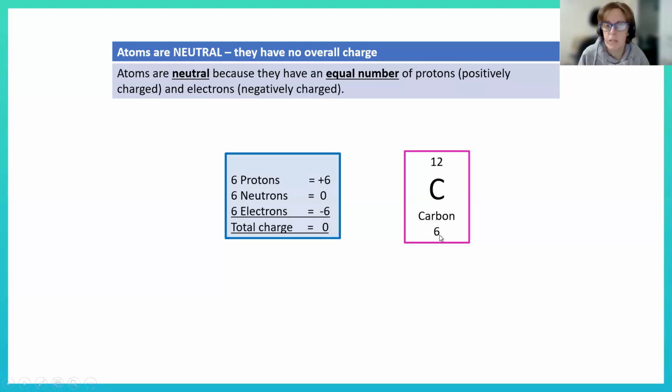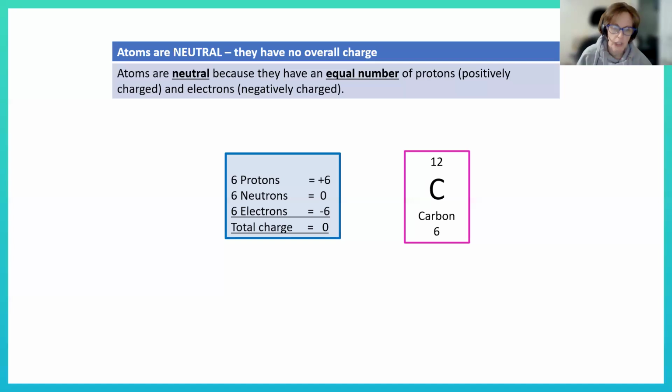So it says down here, that's what this number tells me, that there's 6 protons. So I can work out the number of neutrons really easy. And one other thing this number tells me is there are 6 electrons going around the outside of carbon atoms, because the number of protons is always equal to the number of electrons, unless some changes have been made.